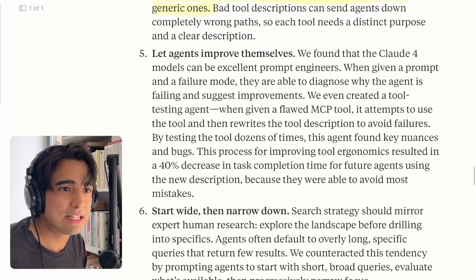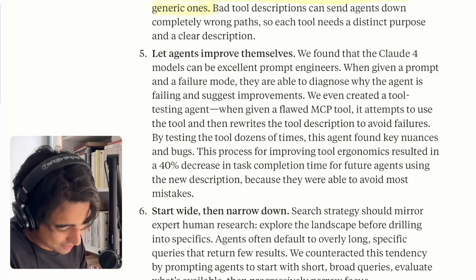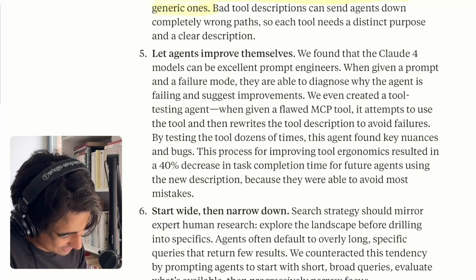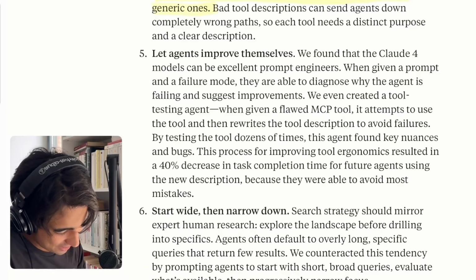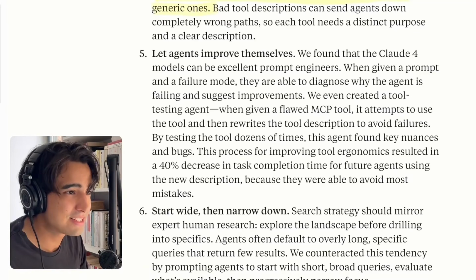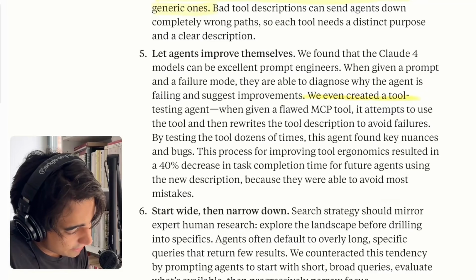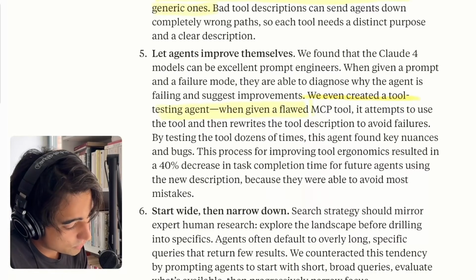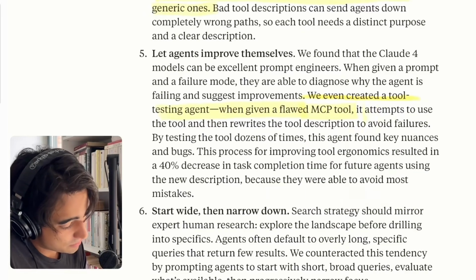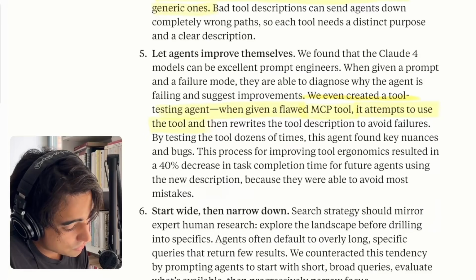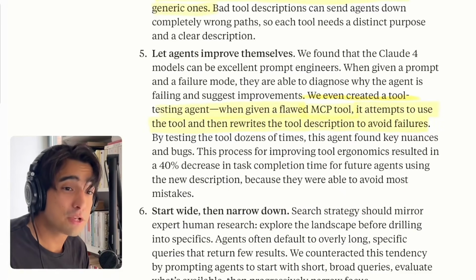Also, they mention, let agents improve themselves. And this is a very interesting thing that I noticed. I don't think I had seen this approach before, but they say that we even created a tool testing agent, which, given a flawed MCP tool, attempts to use the tool and then rewrites the tool description to avoid failures. So it rewrites the description.